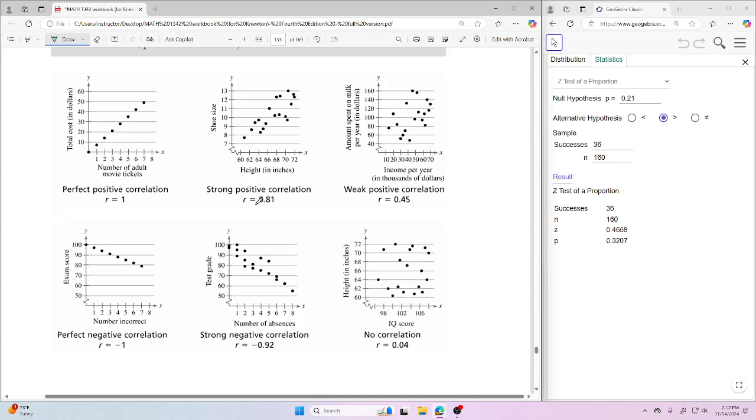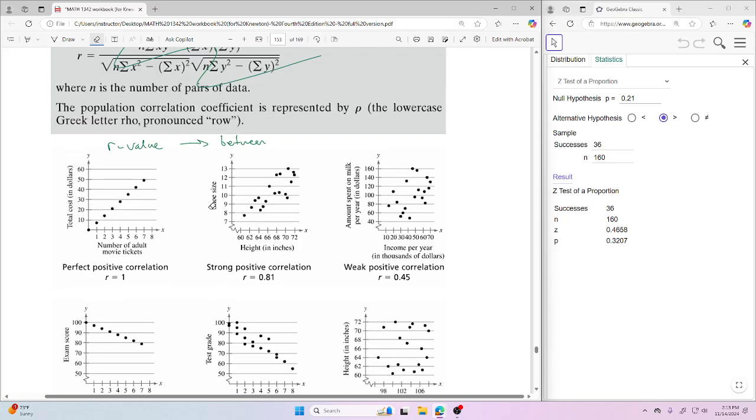So going back with the correlation stuff, they have this thing called the R value, and it's telling you what kind of correlation we have. And R values can go between, I'm going to write this up at the top, -1 all the way to +1. -1 means strong negative correlation, and a +1 means strong positive correlation.